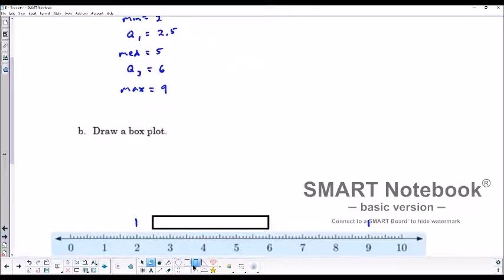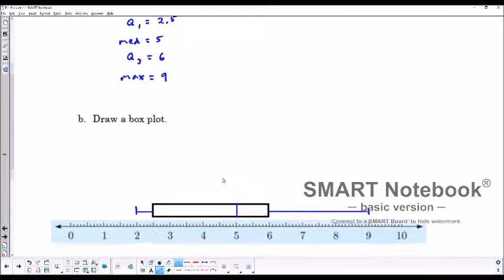So draw the box there. We'll draw our line, leave it that width at 5. So there's the median. And then we'll draw the 2 whiskers that go out to the max and the min respectively. And so that is our box plot there.